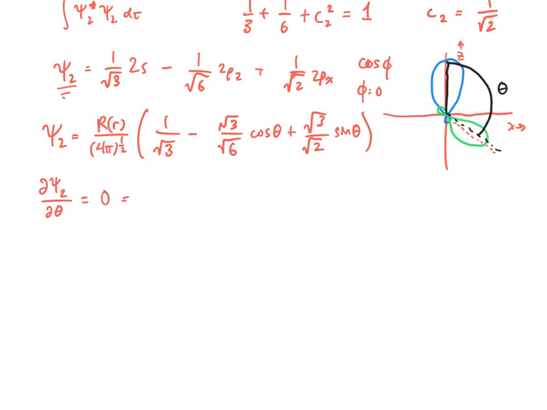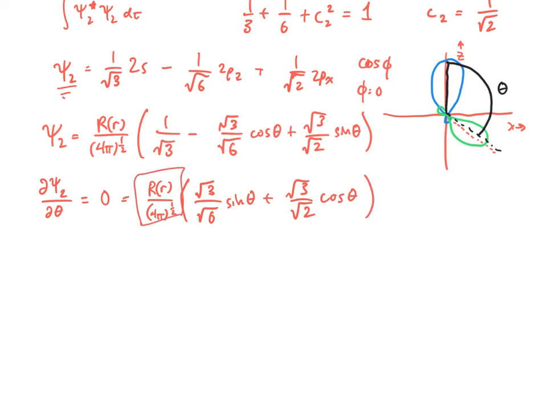And this is going to equal R over 4 pi to the 1/2 times square root of 3 over square root of 6 sine theta plus square root of 3 over square root of 2 cosine theta. And I can just divide both sides by this term right here, so that just goes away to 0, and I'm left with just this sine and cosine equaling 0.